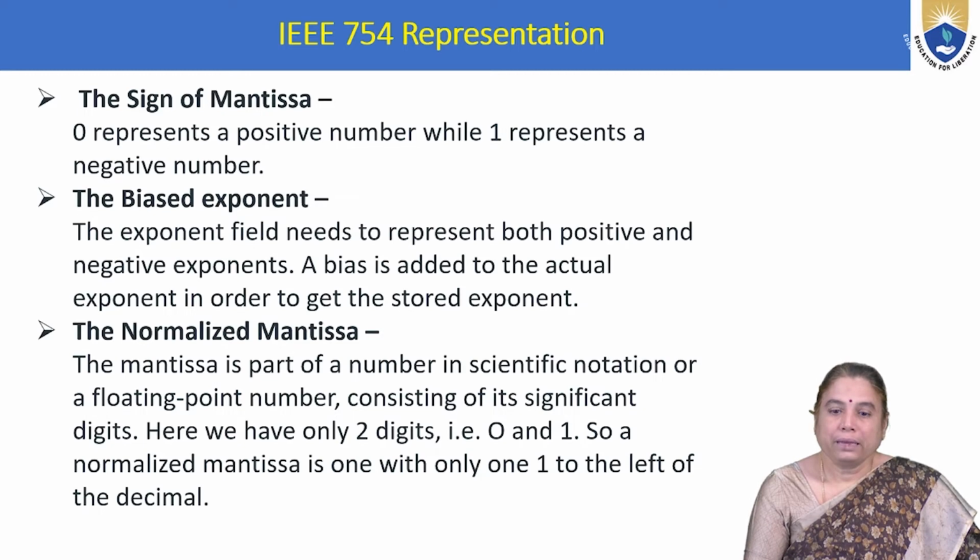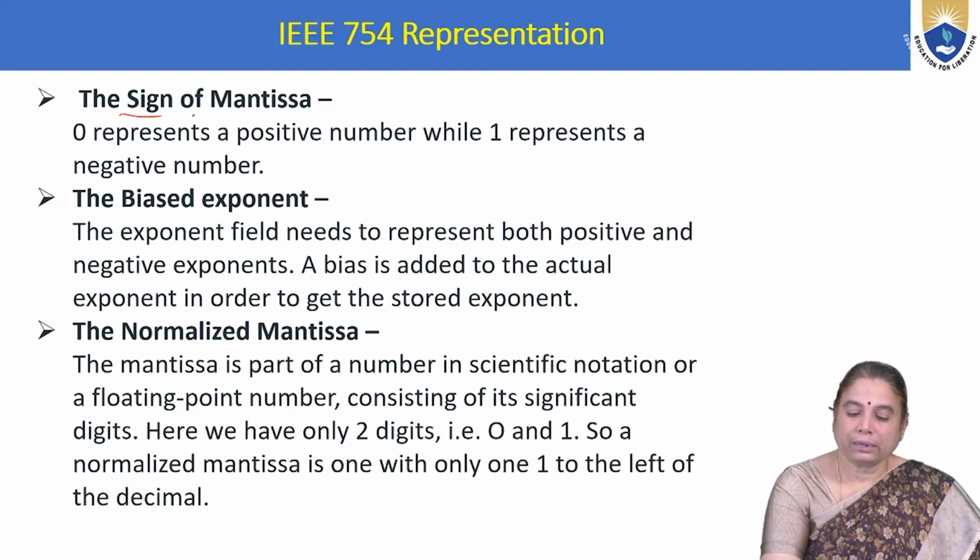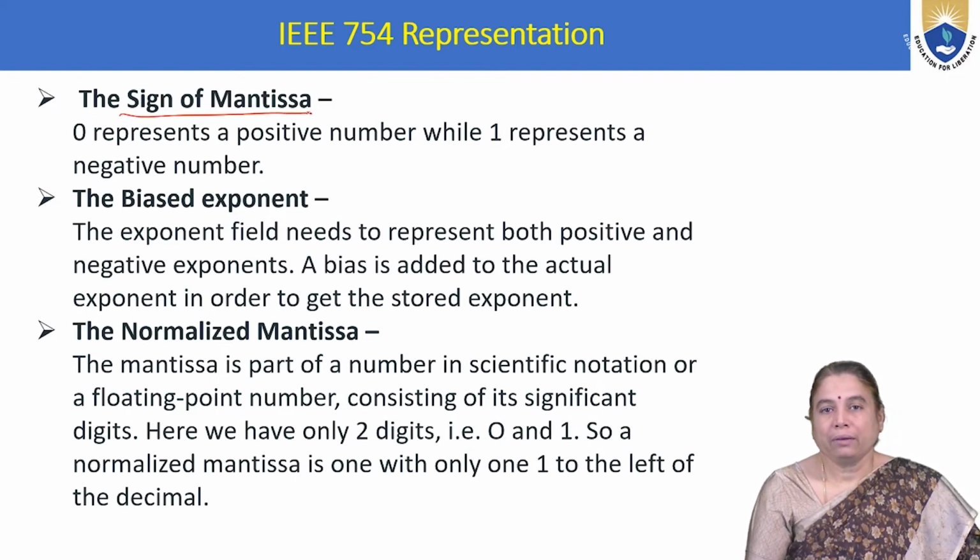So IEEE 754 representation can be used to represent floating point numbers. Here the first part is the sign of the mantissa. The sign bit can be either 0 or 1.